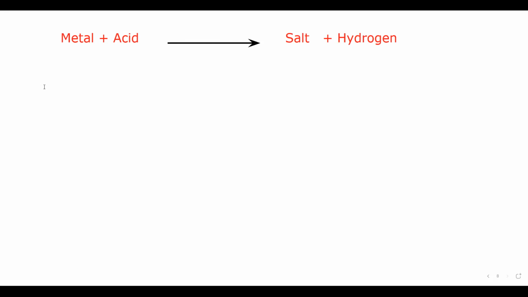So if I say magnesium plus hydrochloric acid, magnesium is a metal and hydrochloric acid is an acid here. What will be the product?